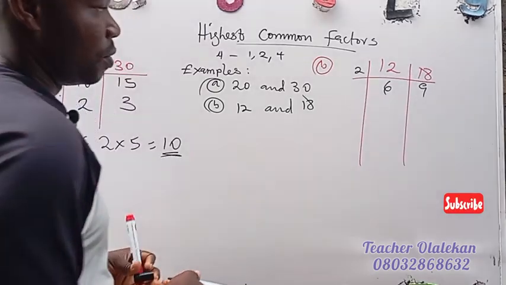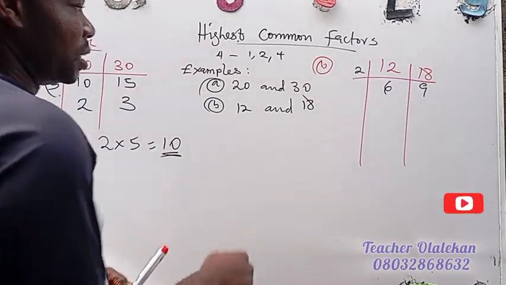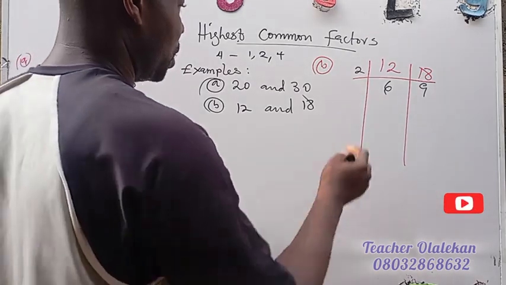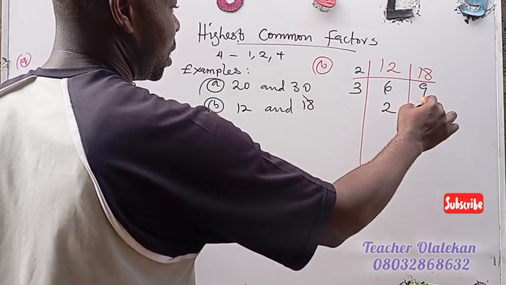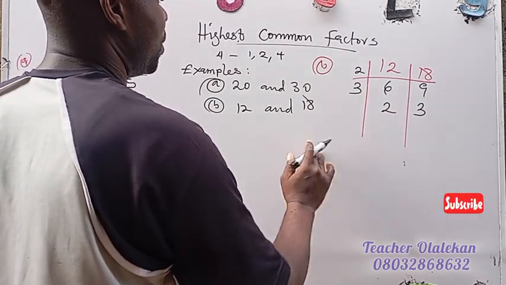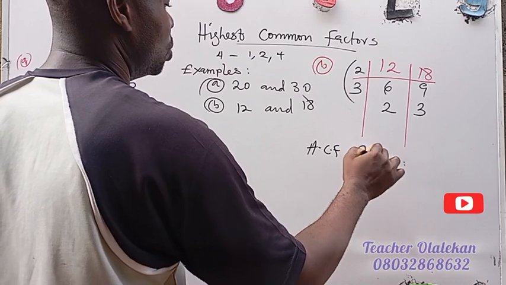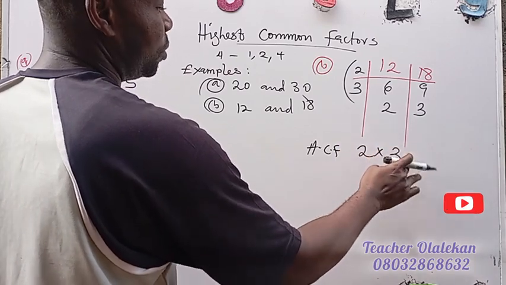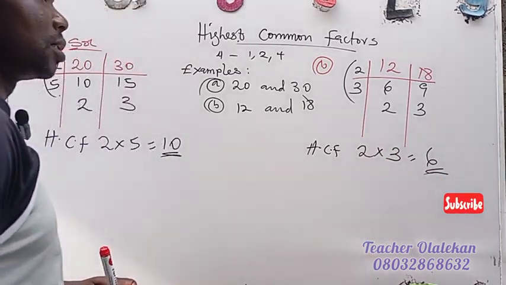If you check very well, you see that 2 cannot go again in both of them, but 3 goes in both of them. So we use 3 again. So 3 here is 2 and 3 here is 3. So meaning that our HCF is equal to 2 times 3. So that becomes 6. So the HCF is 6.